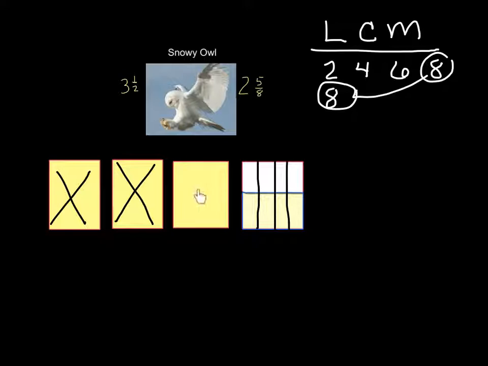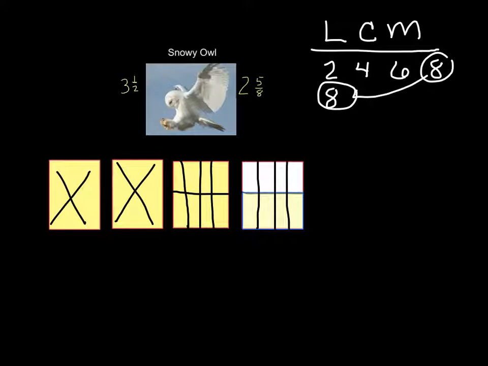So I'm going to cut this box here into 8 parts, just like I have over here. So I'm going to just draw a line right through the center, like I did on the other one, and then 1, 2, 3 lines, just like I did over here. So now I have 1, 2, 3, 4, 5, 6, 7, and 8. I have 8 parts.